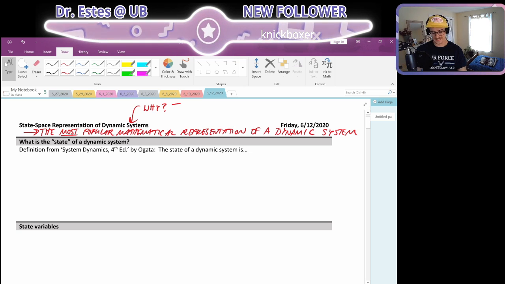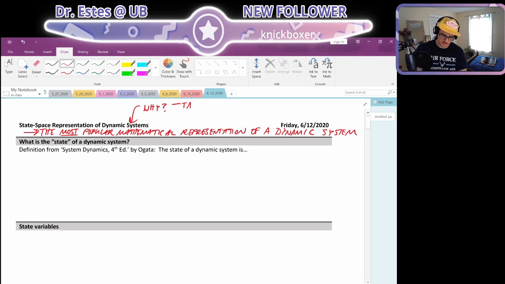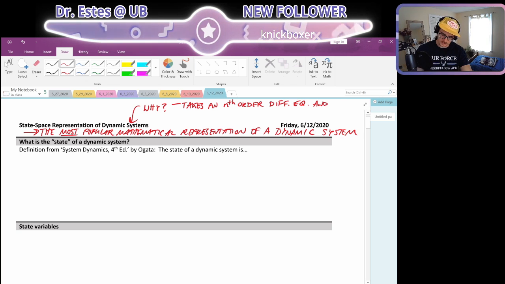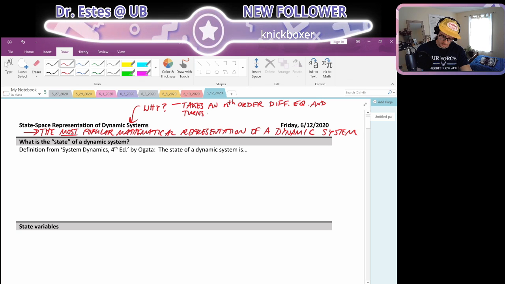Let's talk about what it does a little bit. State space takes an nth order differential equation, I'll just call it a diff-EQ, and turns it into a series of first order equations.